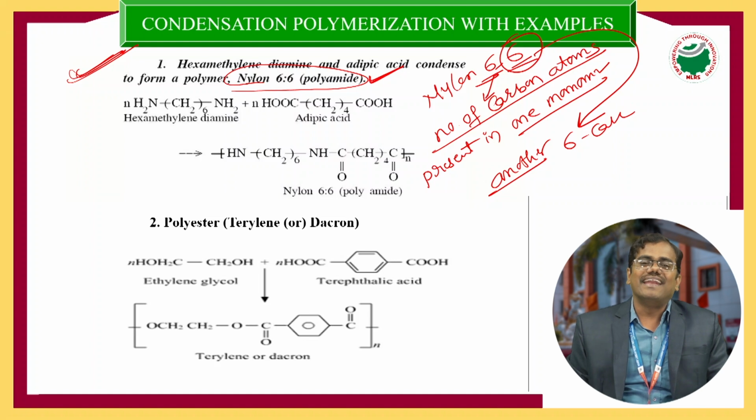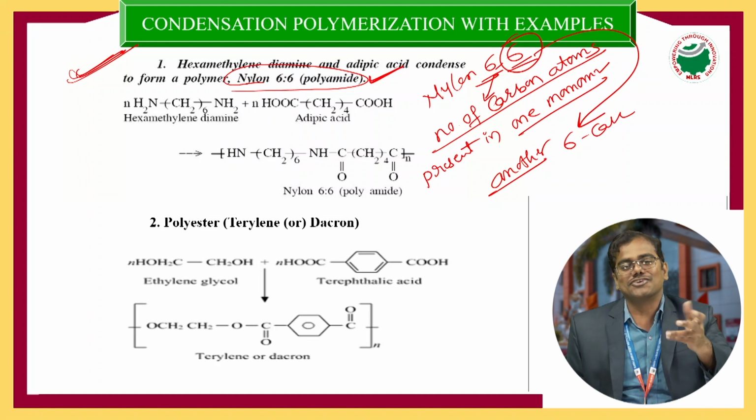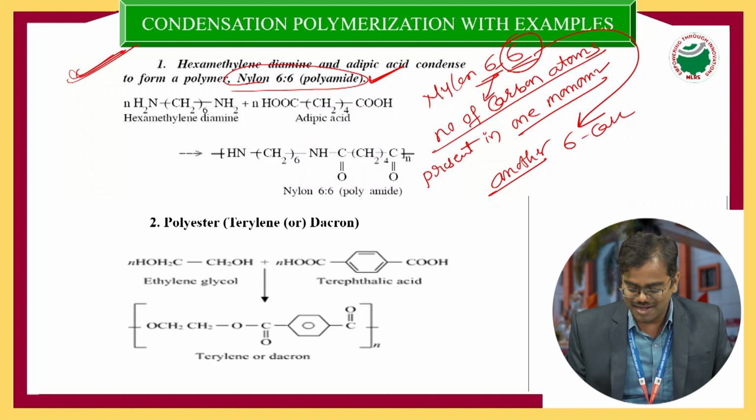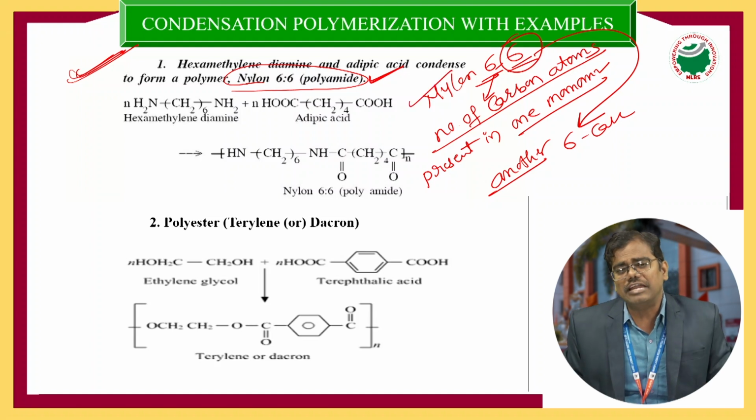That's why nylon 6,6 we can also call a copolymer, because we are using two different types of monomers.